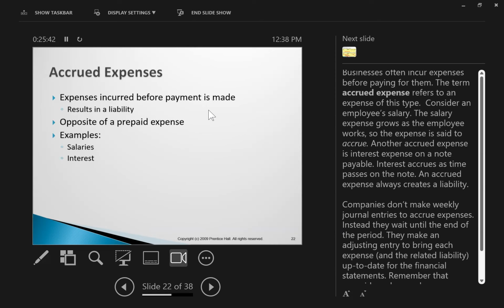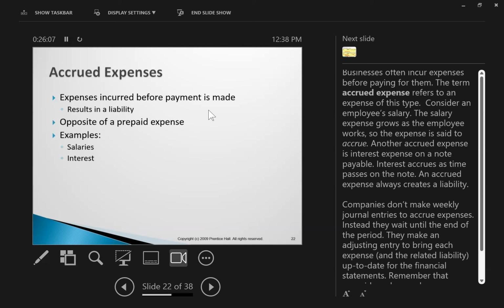Consider employees' salaries, for example. The salary expense grows as the employee works, so the expense is said to accrue. Another accrued expense is interest on a note payable. Interest accrues as time passes on the note. An accrued expense always creates a liability.